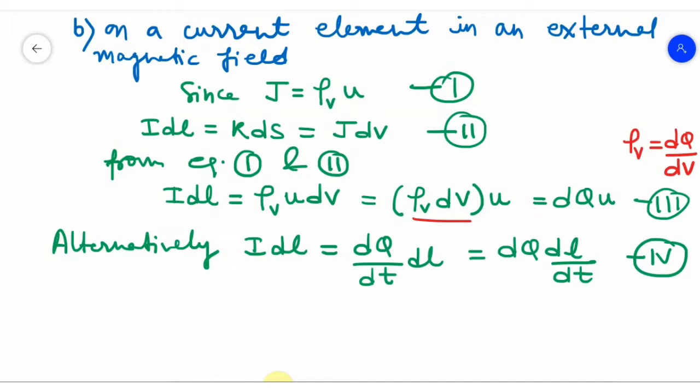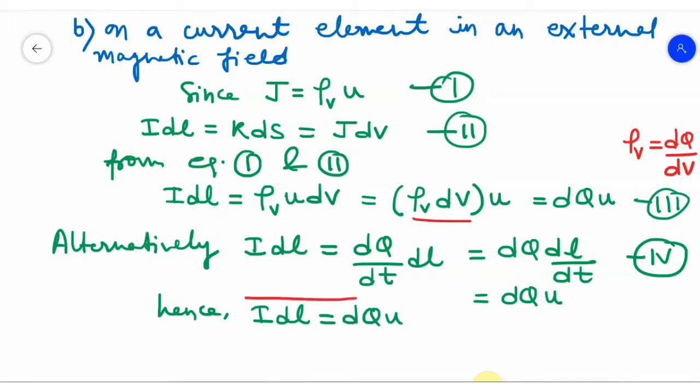Here also dq and dl upon dt is again u, since rate of change of displacement is velocity, so dq into u. So hence this IDL equals dq into u.